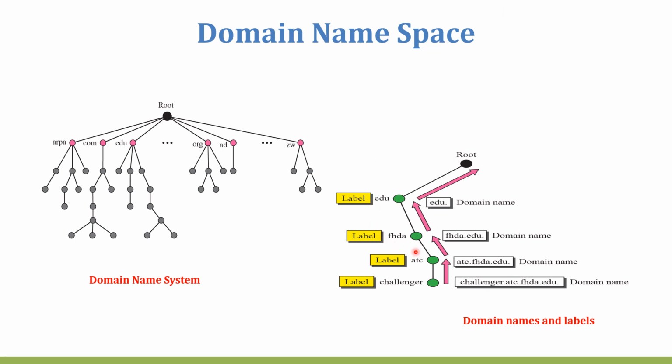A domain name is a sequence of labels separated by dots. As you move up the tree, domain names are read from the node up to the root, through the top level domain. A full domain always ends in a null label, which is invisible to users.